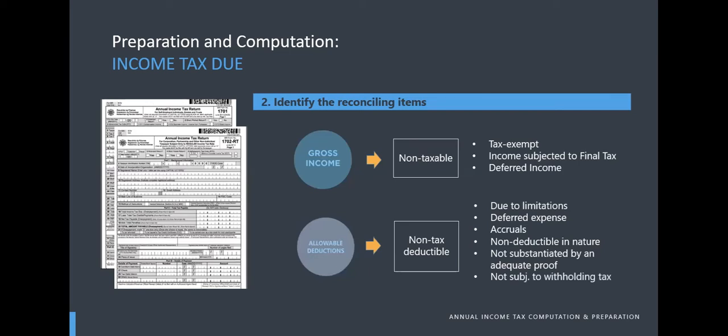Another reason for non-tax deductibility of expense is the non-subjecting of expenses to withholding tax. What else? If the expense is incurred not within the taxable period, then it is considered as non-tax deductible.